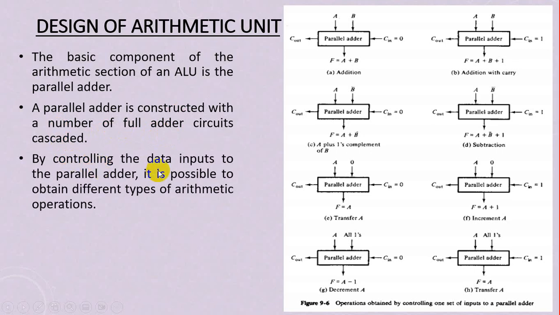By controlling the data inputs to the parallel adder, it is possible to obtain different types of arithmetic operations. When the selection pins S0, S1 are 0, 1, then the operation A and B gets performed.